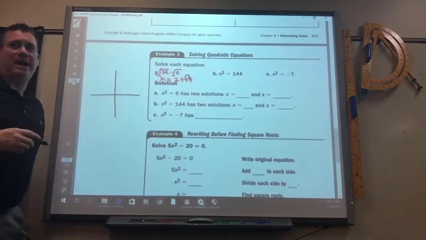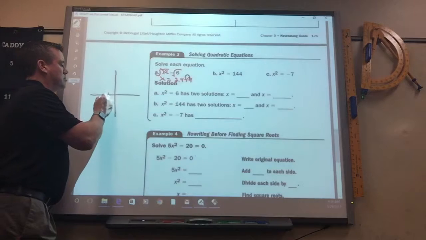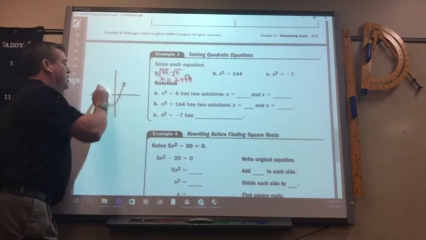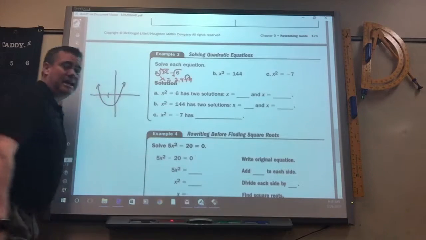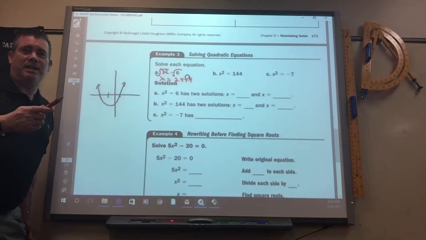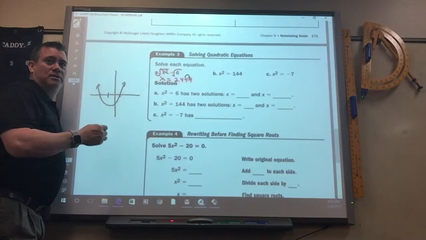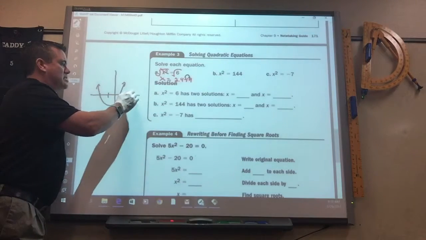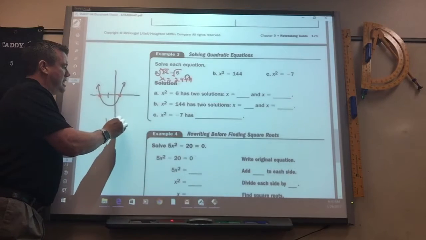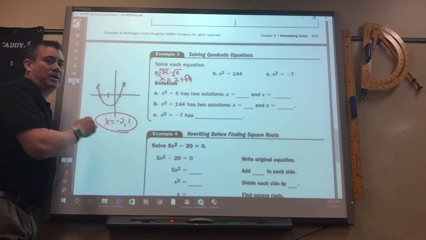Now, like I said, that's going to come into play later in the chapter. Eventually, we're going to have graphs of quadratics. If they already have the graph for you, and they ask you what the solution of the graph is, the solution is wherever it crosses the x-axis. So this solution is -2 and 1, the 2 solutions.